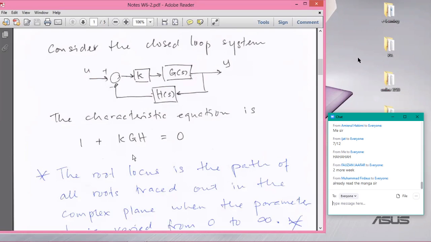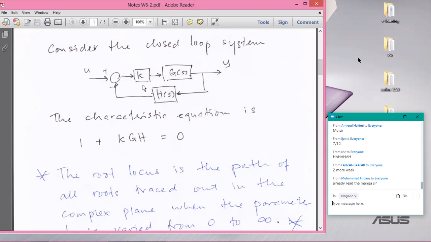If we trace out the roots for all values of K from 0 to infinity, we are going to have 3 paths. We can trace out the path taken by the roots as K varies from 0 to infinity. K here is our design parameter. It is the controller gain. We have seen that yesterday.